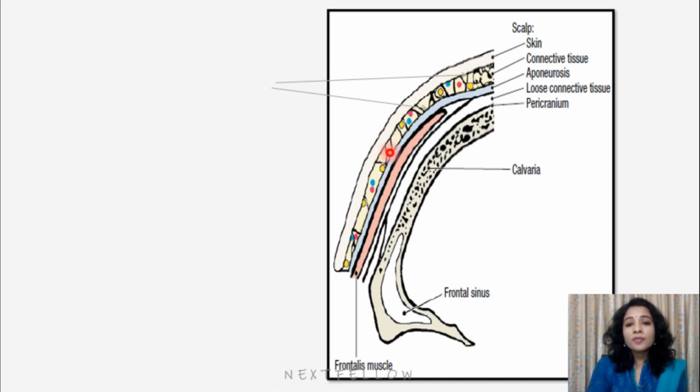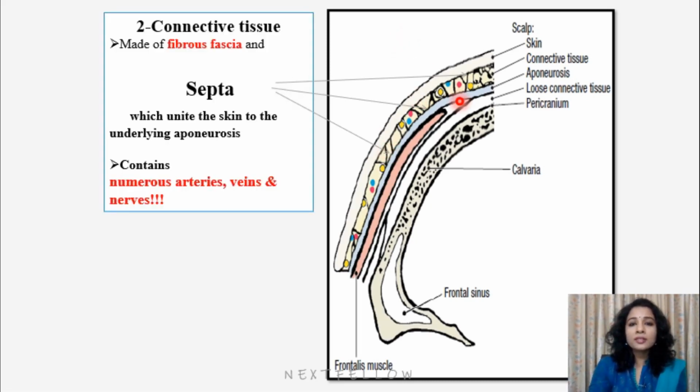These septa firmly bind the skin with the aponeurosis and occipitofrontalis muscle. The fibrous septa divide this layer into numerous small pockets containing lobules of fat, and the blood vessels and nerves of the scalp lie in this area.